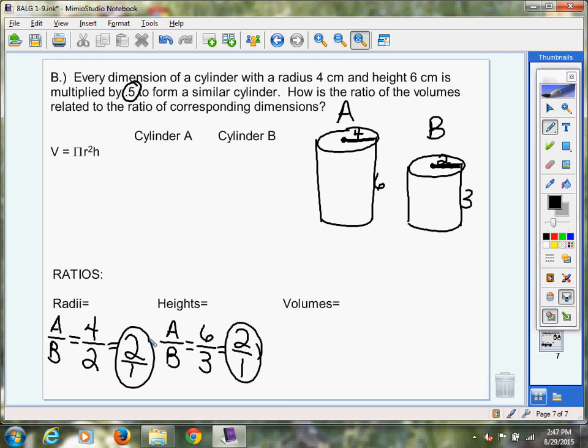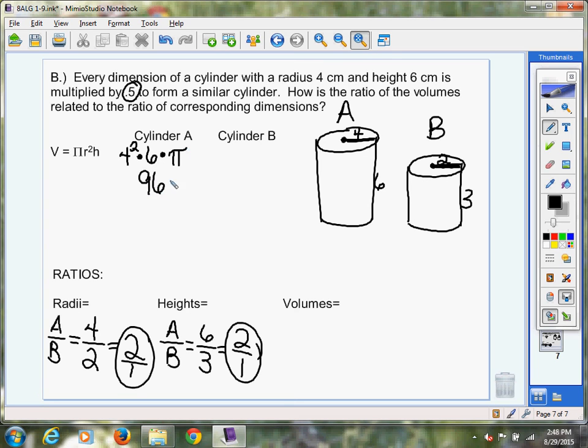So in cylinder A, we're going to do 4 squared, there's your radius squared, times your height, times pi. We're going to just leave pi alone. Go ahead and do 4 squared, you guys know that's 16. And then we're going to do 16 times 6, which is 96.